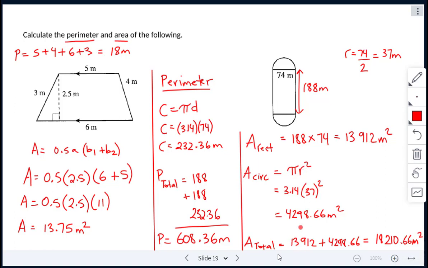All right, so that is area total. So again, making sure that you are keeping your work organized, showing all your steps is very important when working on these kind of problems.